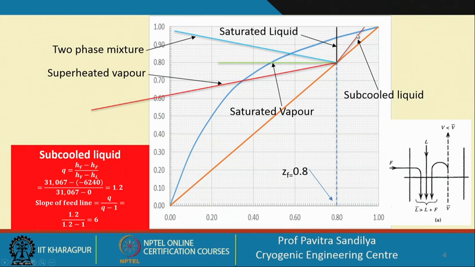On the right hand side we shall have the subcooled liquid, and the horizontal line is the saturated vapor, and between saturated vapor and saturated liquid we shall have the vapor liquid mixture, whereas below this saturated vapor line we shall have the superheated vapor. So this is how we draw the feed line for any distillation column.